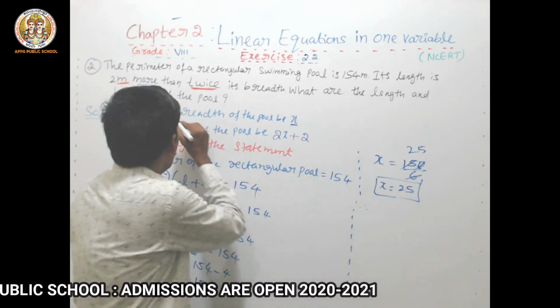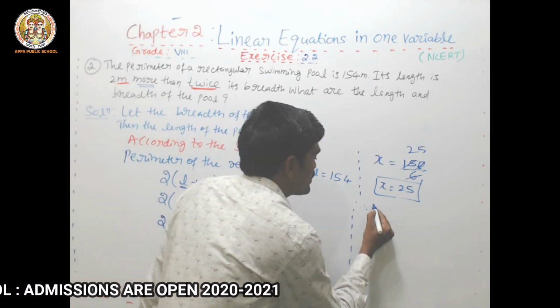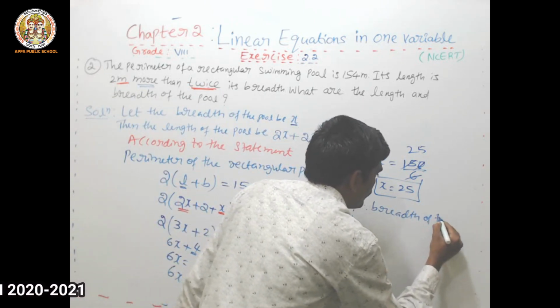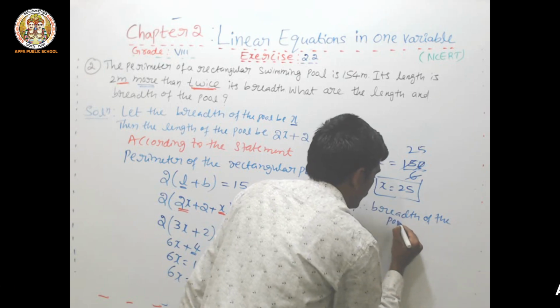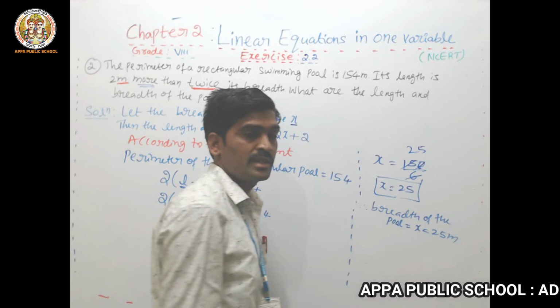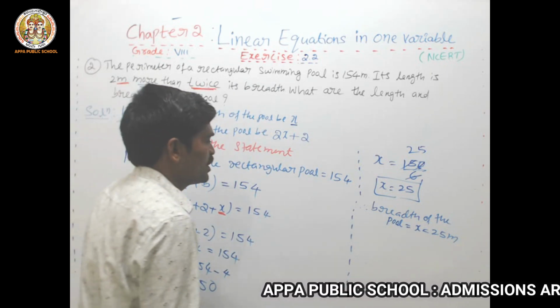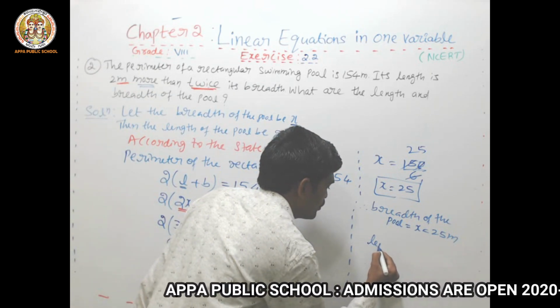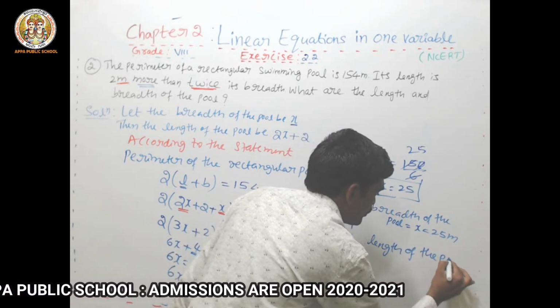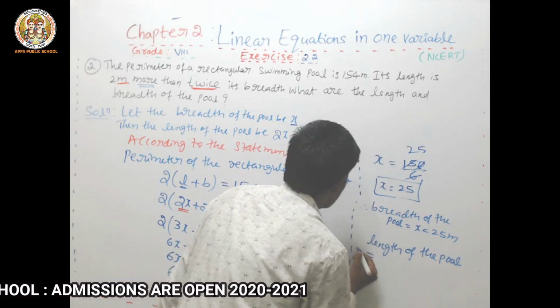Therefore, to conclude, the breadth of the pool, what we considered x, that should be 25 meter. Understood? Next, length of the pool, how much do we consider, my dear students?